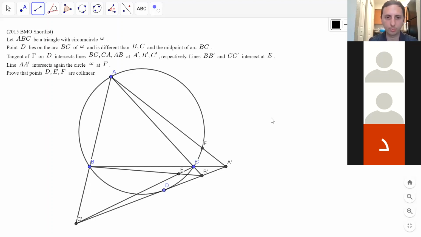It looks kind of like a trilinear pole because we have this triangle A prime, B prime, C, and then the three extensions are collinear. So yeah, is there another triangle?